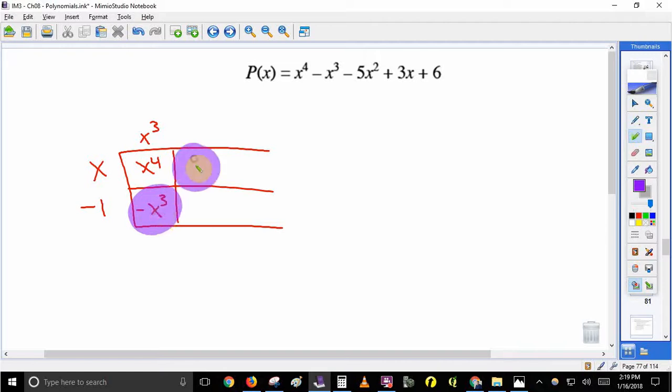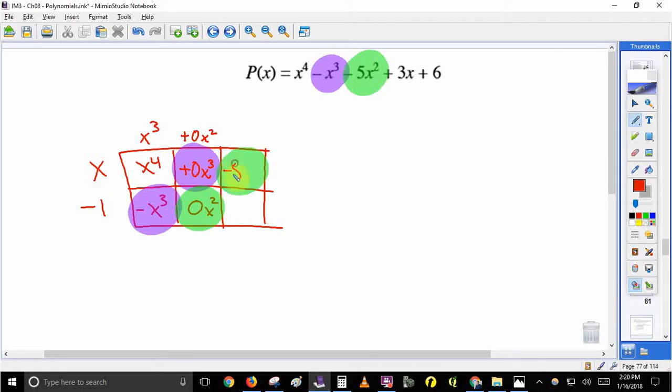This square plus this square has to equal that, which means this is plus 0x cubed, because it already adds up to negative x cubed, which means this is plus 0x squared. And this plus this has to equal negative 5x squared.